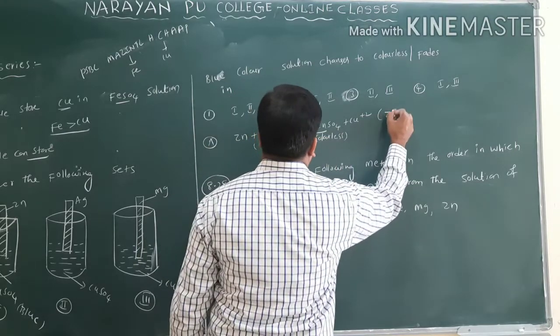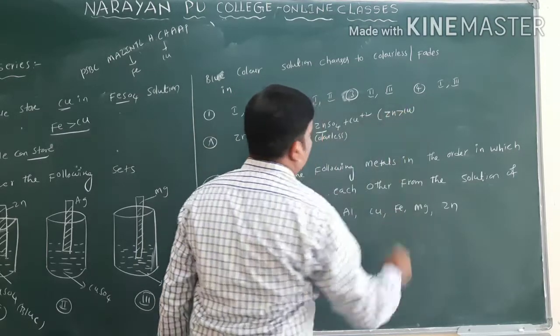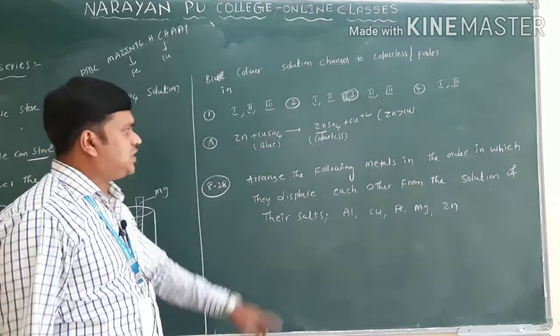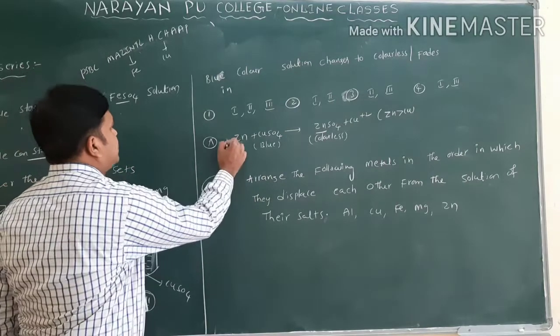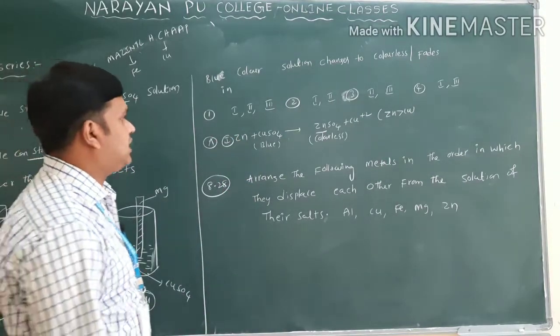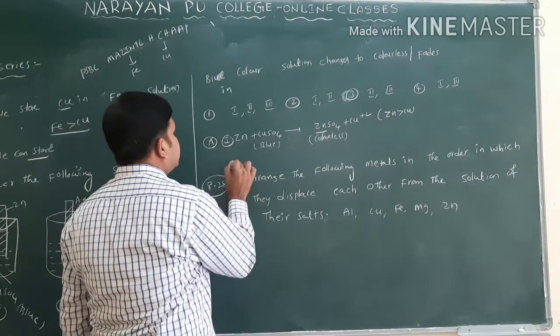Because zinc is more reactive than copper; it displaces copper from its aqueous solution. So in the first beaker the blue color solution changes to colorless only.